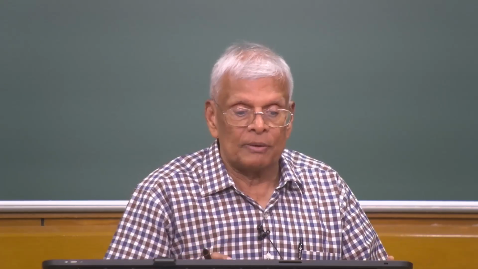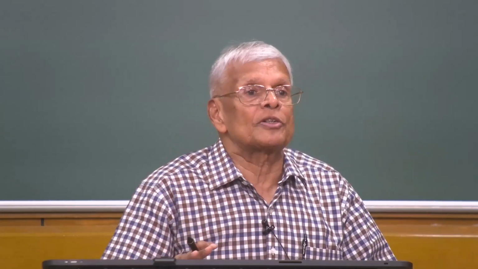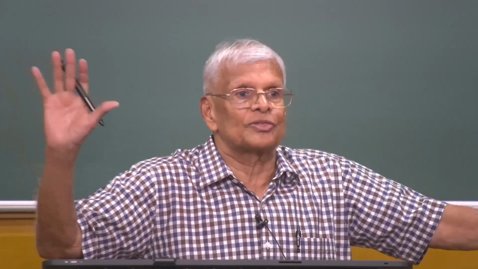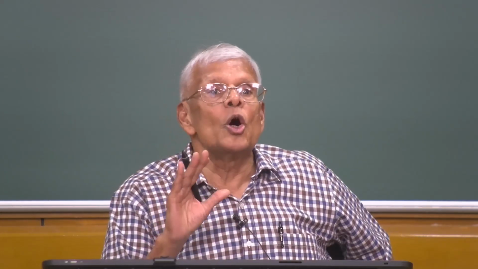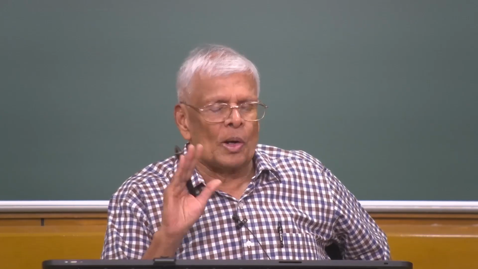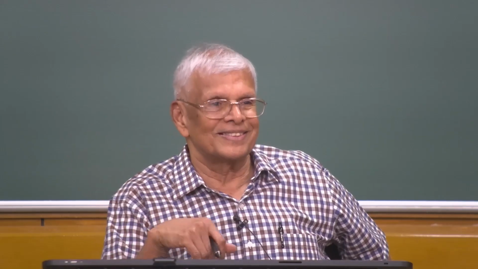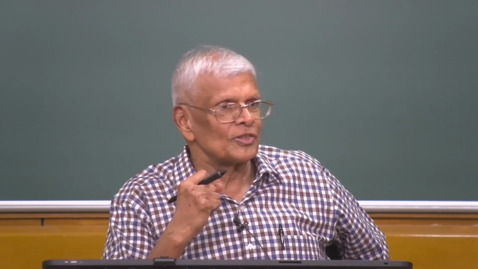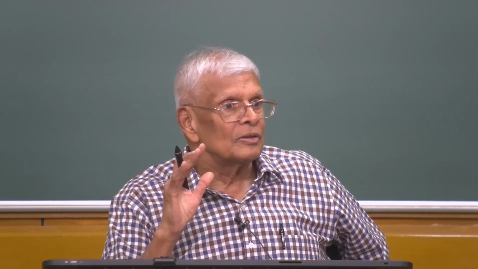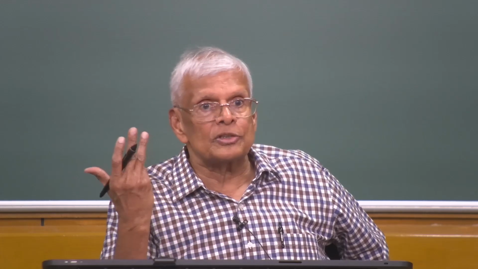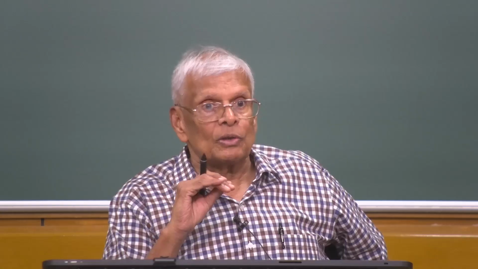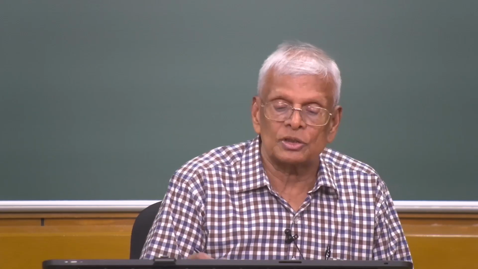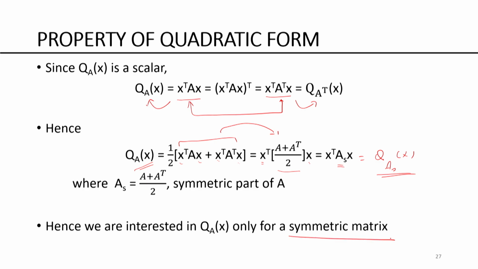Are you with me? So what is the general theory? We are interested in quadratic functions only for symmetric matrices. There is no theory of quadratic forms of non-symmetric matrices. It's a very powerful result. Are you with me? If you give me a general matrix, all I need is the symmetric part. Therefore, without loss of generality, from now on, we will assume QA of X, the quadratic function, only for symmetric matrices.